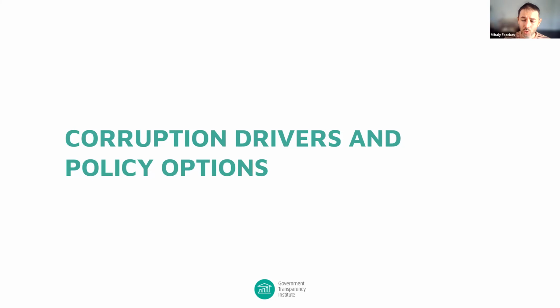The second group revolves around understanding corruption as a collective action problem, a collective action dilemma. And finally, we also looked at corruption as a solution to functional problems, where it fulfills certain governance or other roles. Each of these three has a bunch of drivers identified, and then some policy options built on this understanding of the drivers.